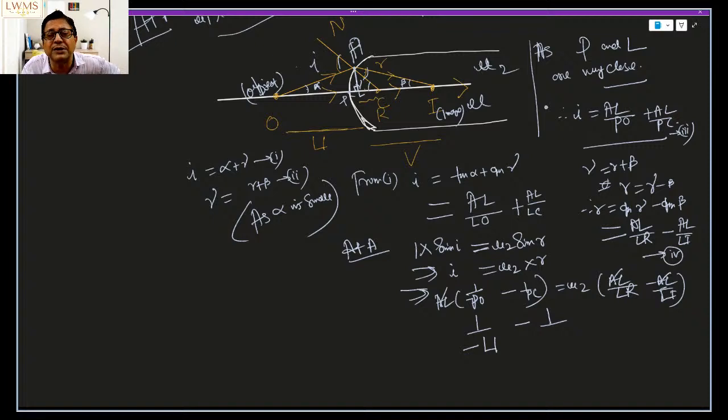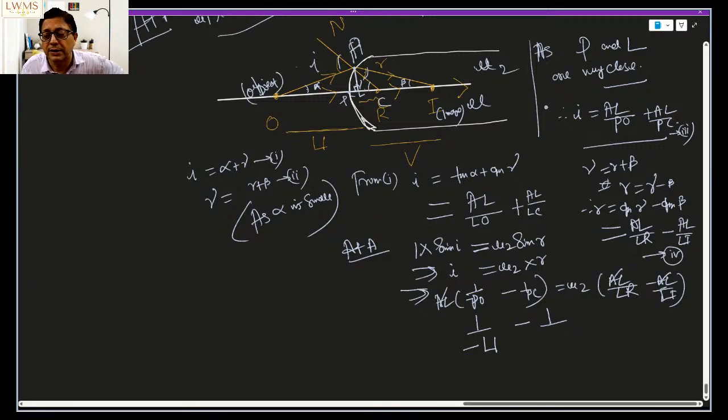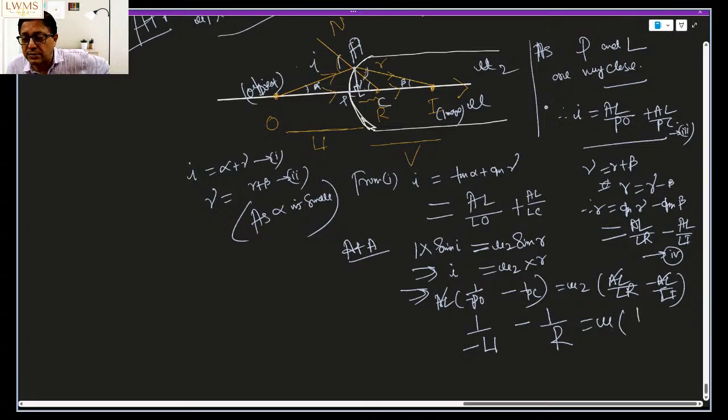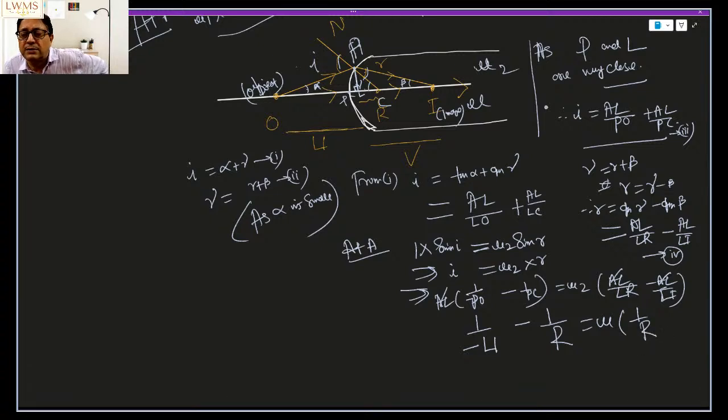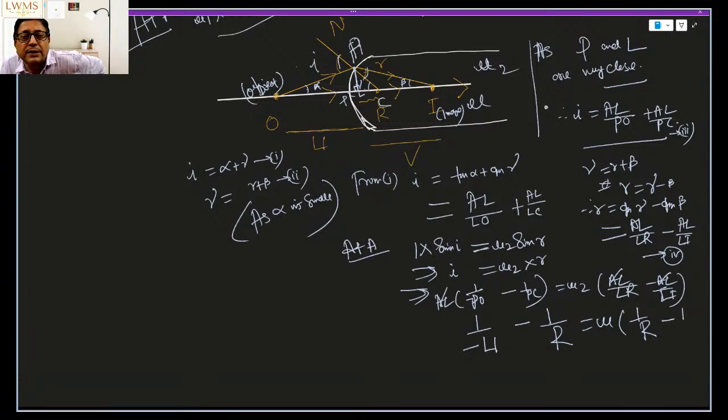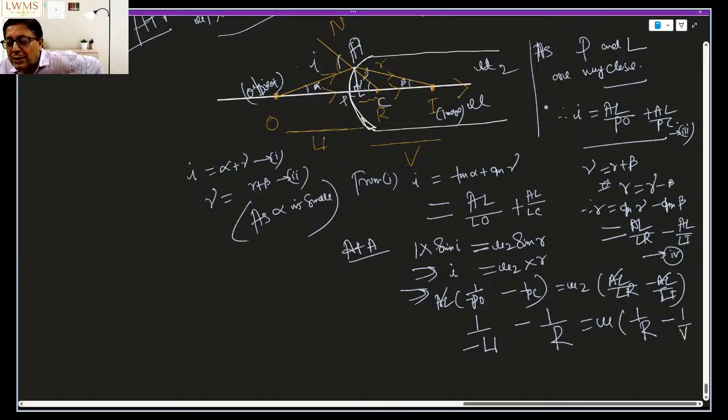PC we take along the direction of light, C is there, so this will be R. So 1 by R minus 1 by V. Check it once.